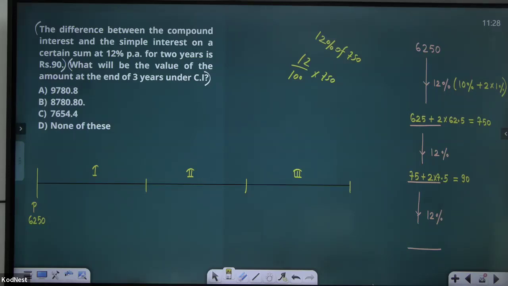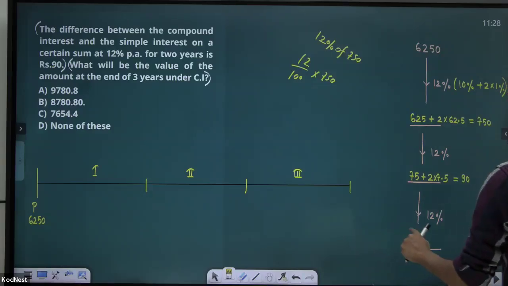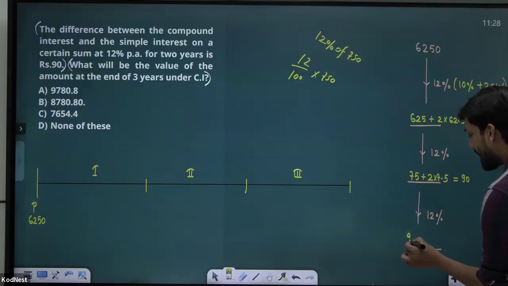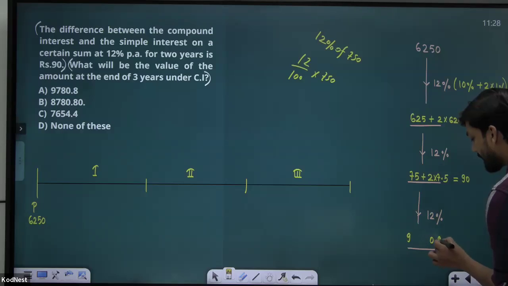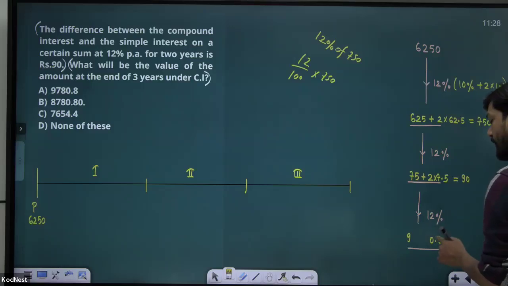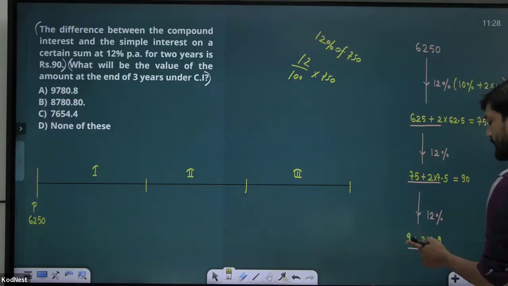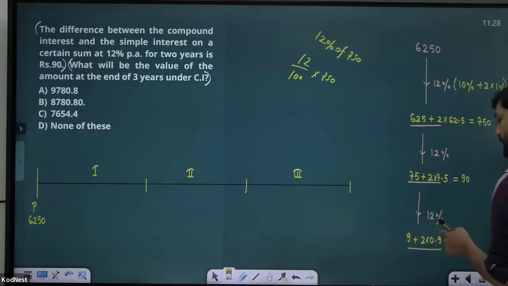So 0.9 is 1%, and 2% will be twice that. So 9 is 10%, 1% is 0.9. Now 10% and twice of 1% will make it 12%. So this comes out to be 10.8.